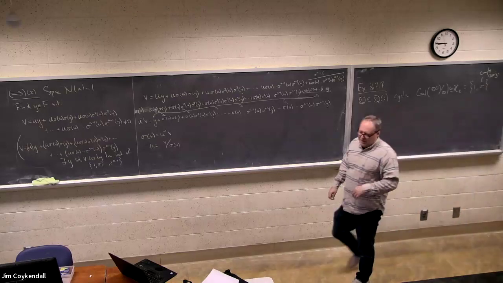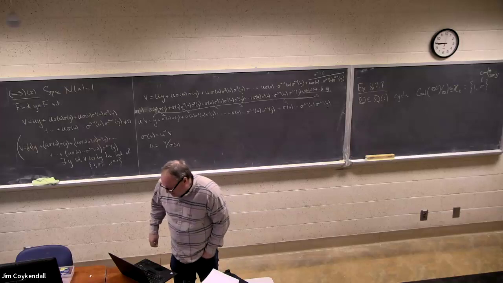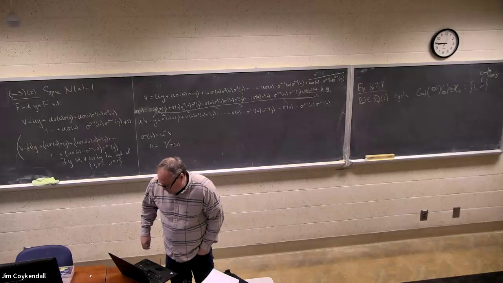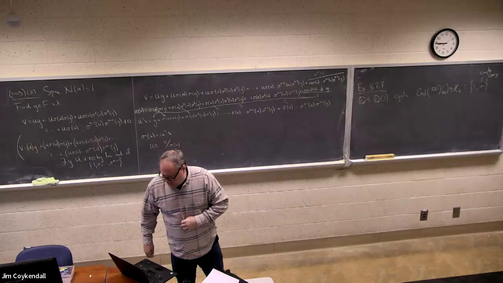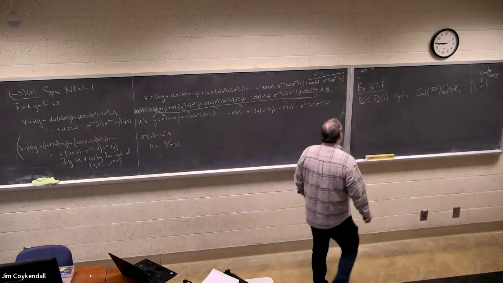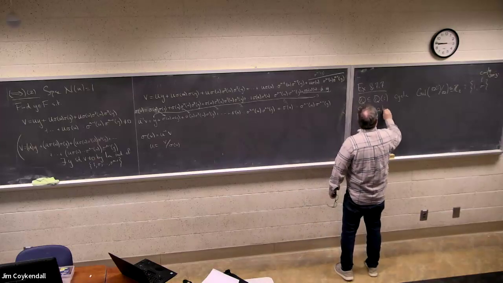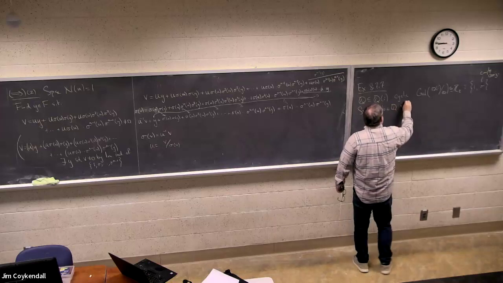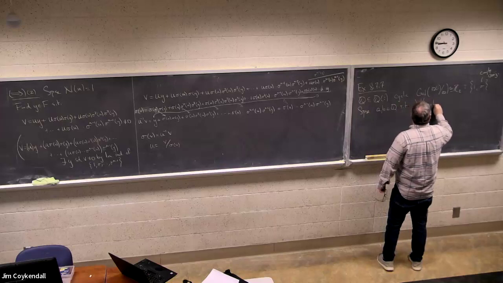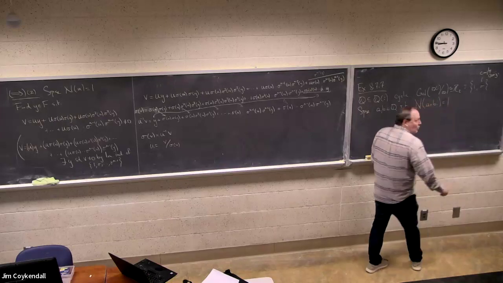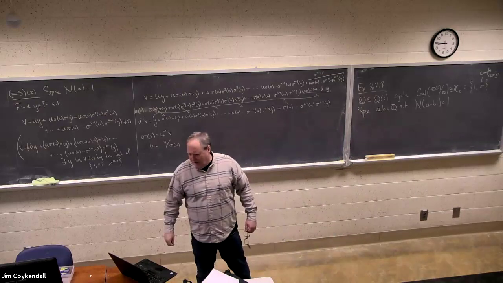Now let's apply Hilbert's theorem 90 to this particular situation. So let's suppose that a, b are rationals such that the norm of a plus bi is equal to 1. Okay, so suppose we've got that.